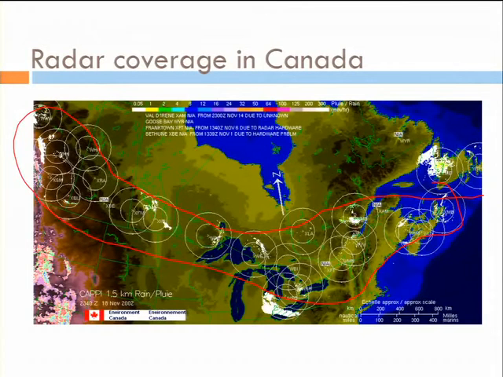We have very little to no radar data up there. So you can imagine, if you're flying into one of these small regional airports, the odds that you actually have a really good idea of what the weather is doing at that airport is not that great.